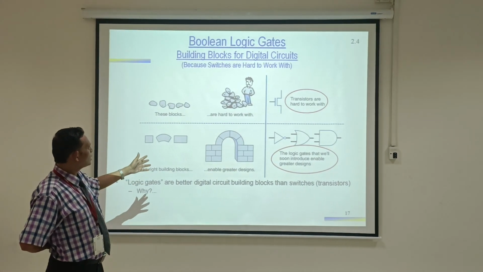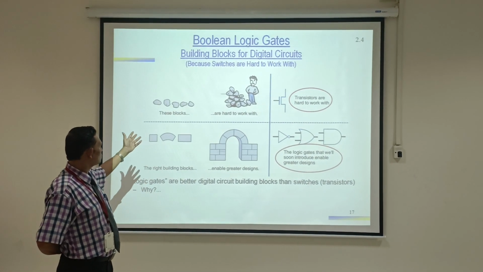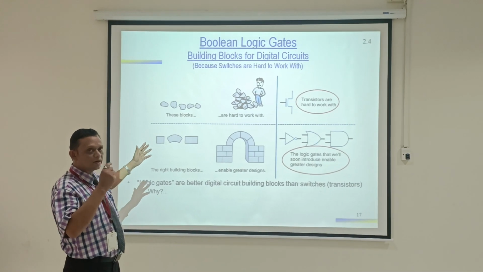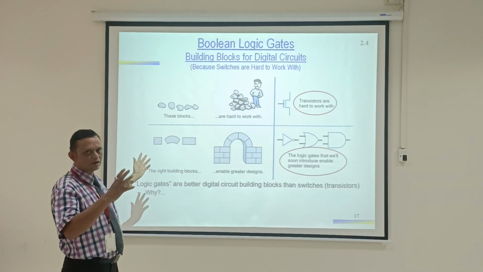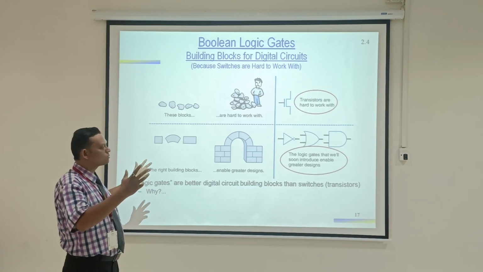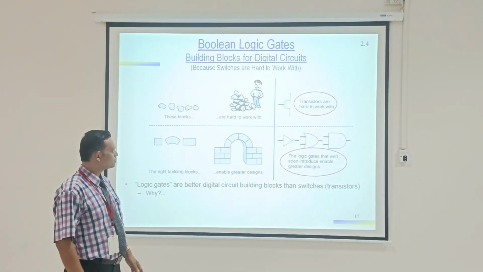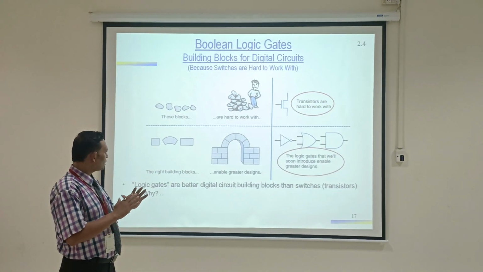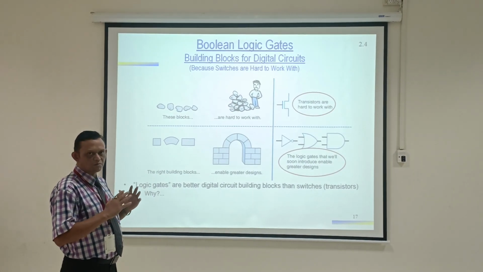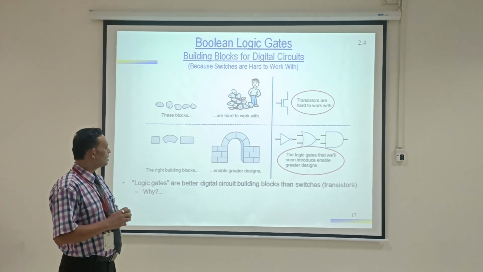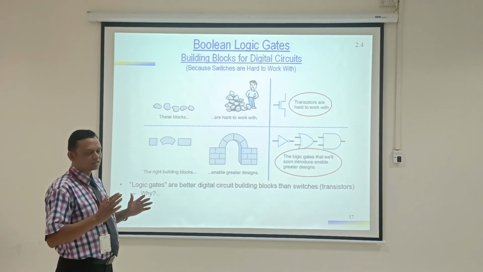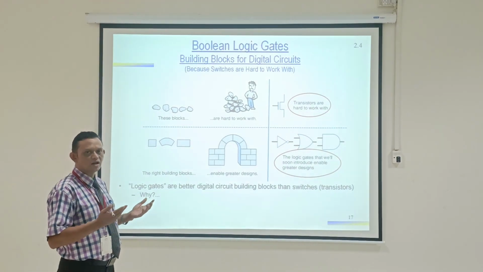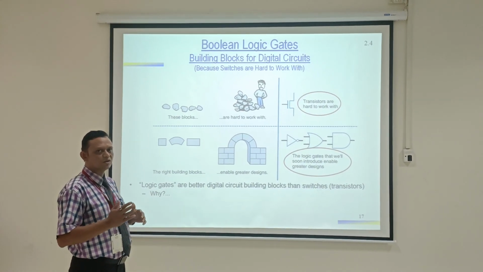This is a general concept. In the first diagram, if the necessary building blocks are in an unwanted or unusable shape, they cannot be used effectively. But if you have the right components, the necessary building blocks can be constructed effectively. With transistors only we cannot do anything; they have to be connected effectively.